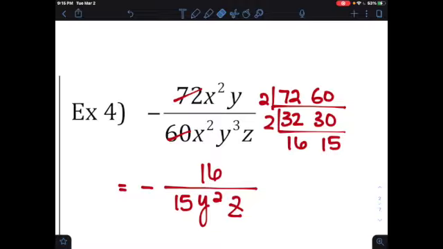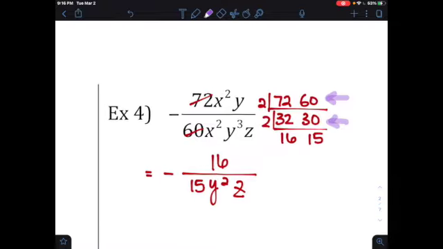Because they both have 2, I can cancel 2 on top, 2 on the bottom. Then I can cancel again 2 on top, 2 on the bottom, and that gives me 18 left for the 72 on top, and then 60 becomes 15 left on the bottom. So that's one way you can do it, or you can do it on the calculator and just do 72 divided by 4 and 60 divided by 4, and you should get the same answer.